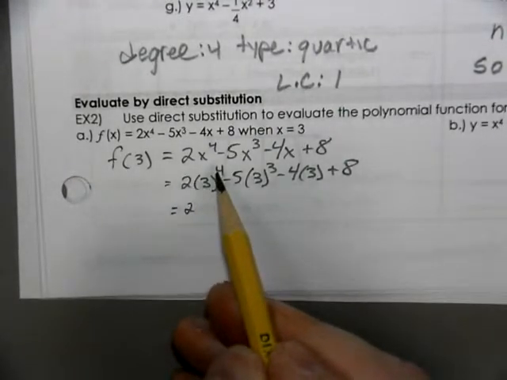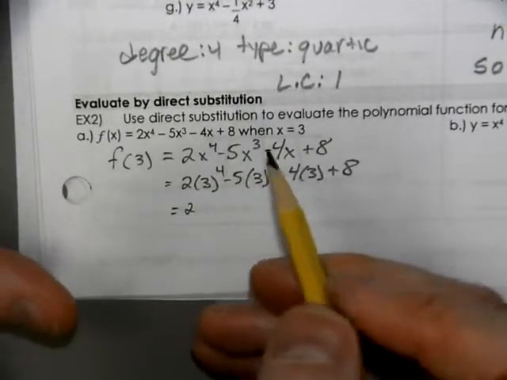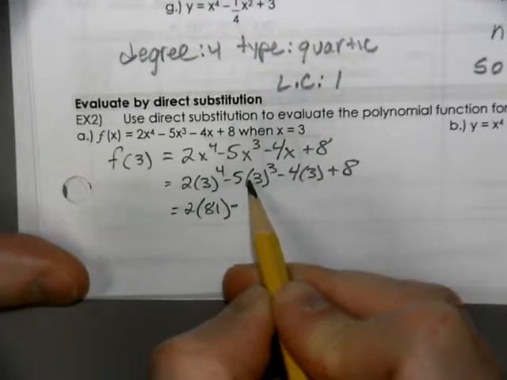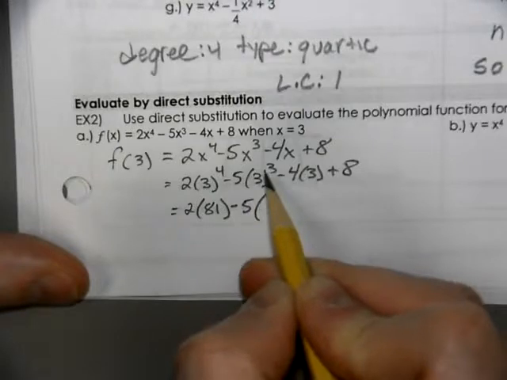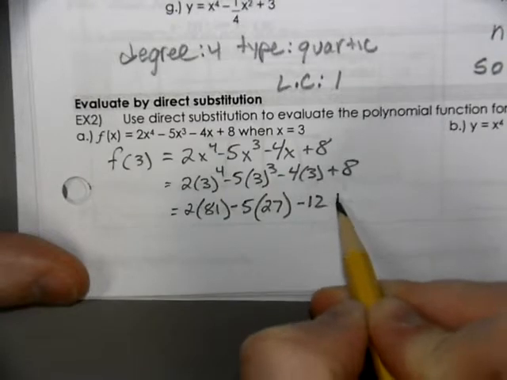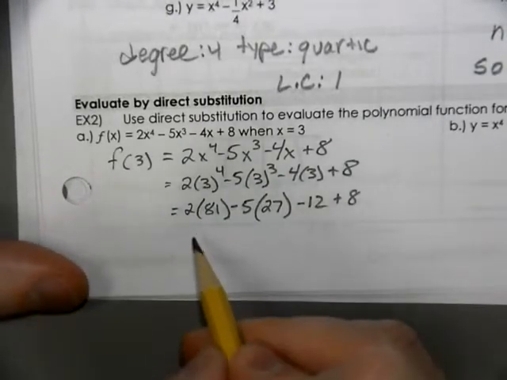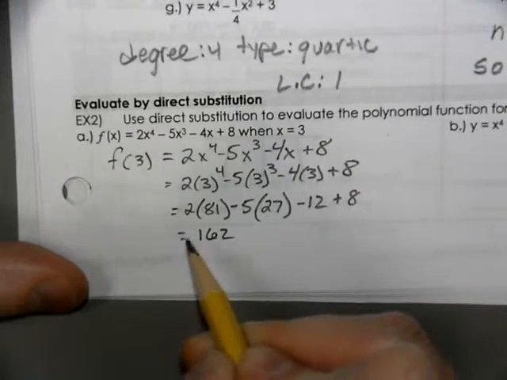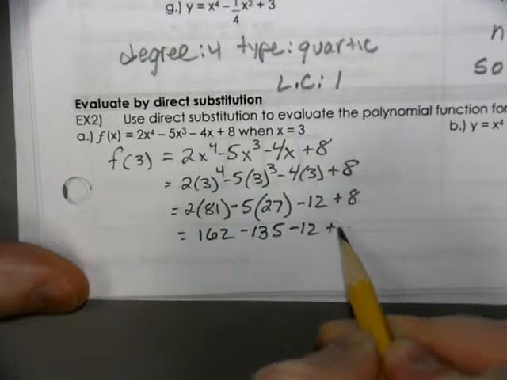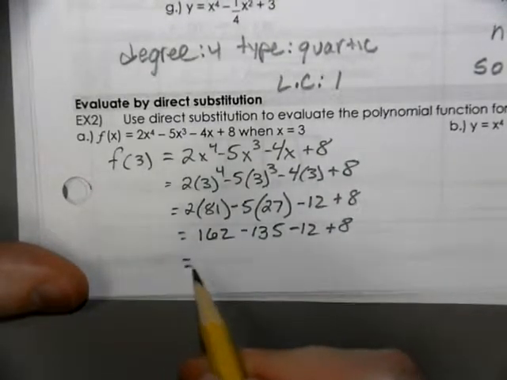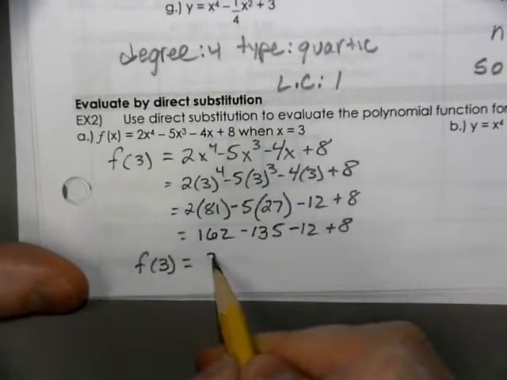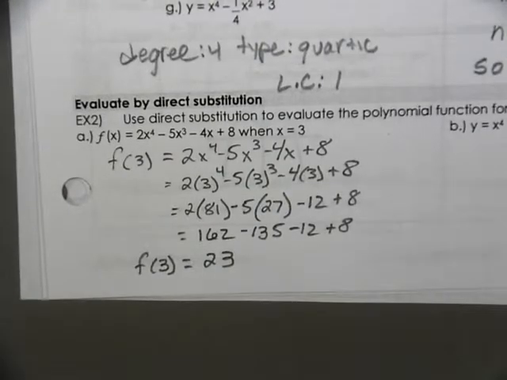This is not 6 to the 4th power. This is 3 to the 4th power. Not 15, but just 3 to the 3rd power. f of 3 would be 23.